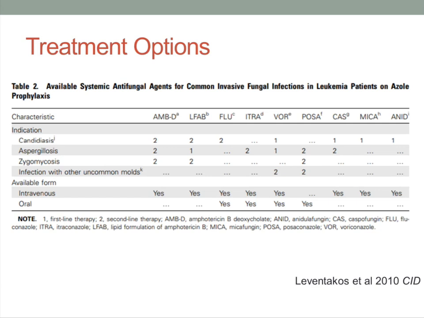For aspergillosis, the most common one, liposomal amphotericin B or voriconazole are considered the first-line options, because a study comparing voriconazole versus deoxycholate amphotericin found voriconazole superior.